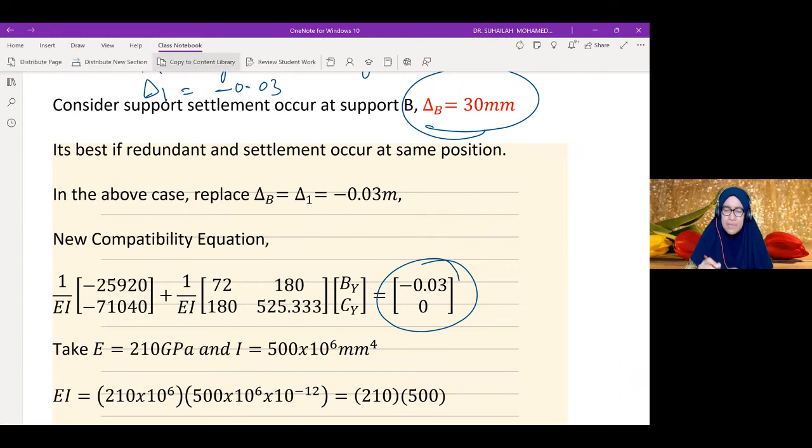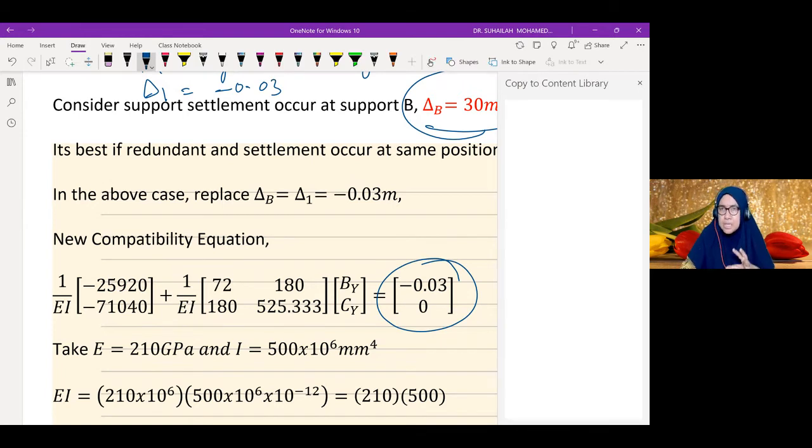Means that previously the displacement in the actual beam at position B is equal to 0. Now it is equal to negative 0.03.